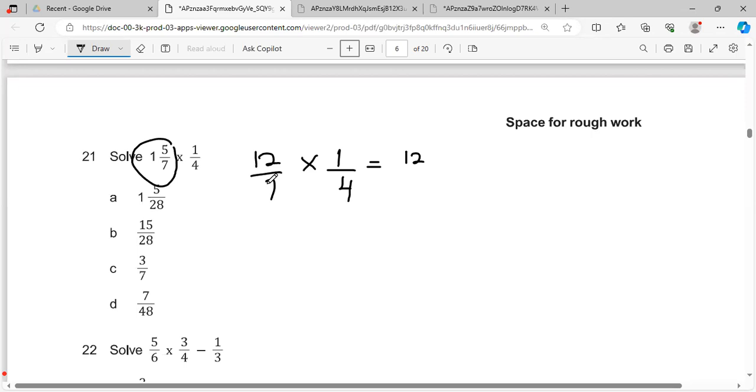And this is 7 times 4, which is 28. Which number can go into 12 and 28 without a remainder? 4. Very good. So we divide by 4. So this now would give us 12 divided by 4, that's 3, and 28 divided by 4, 7.